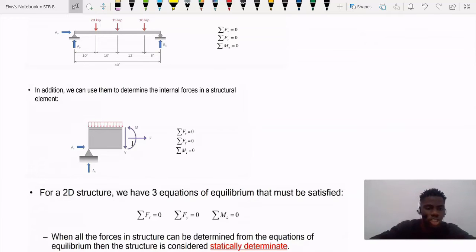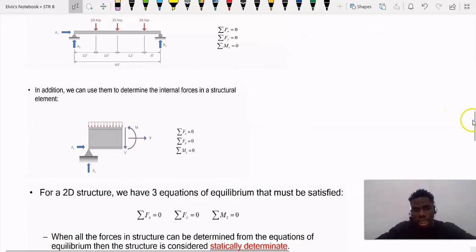These internal forces are what we know as axial forces, shear forces, or bending moments. These are what keep the beam at equilibrium. We're also going to try to determine the axial forces, the shear forces, and the bending moments, so we're also going to be dealing with internal forces in structural elements.